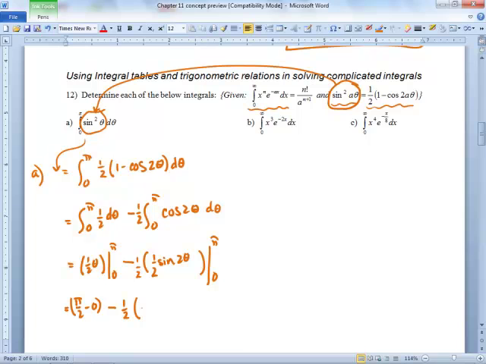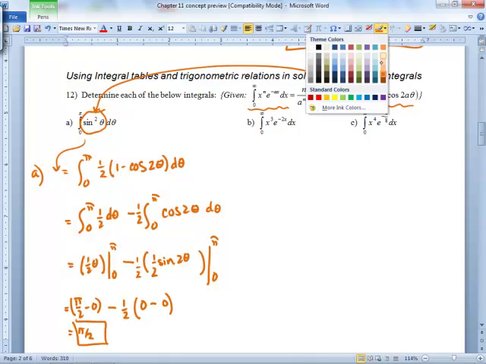That's 0. Minus the sine of 0. 0 again. Oh, that guy wasn't so bad. Okay, so we're just left with pi over 2. Okay, let's try the next one.